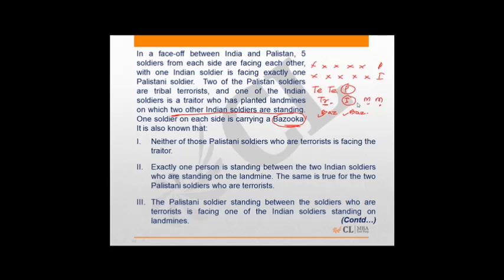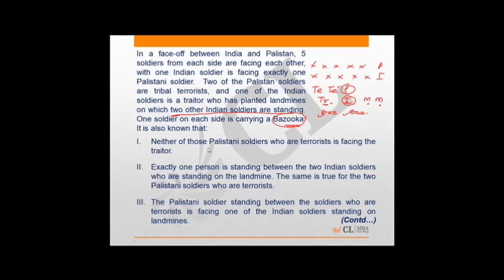We may have this traitor carrying the bazooka, or we may have this terrorist carrying a bazooka, or we may have any of these 2 soldiers standing on the landmine carrying a bazooka. So we can have one soldier having 2 characteristics, one being carrying the bazooka and one among any of these 3. Okay. So let's look at the statements that we have.